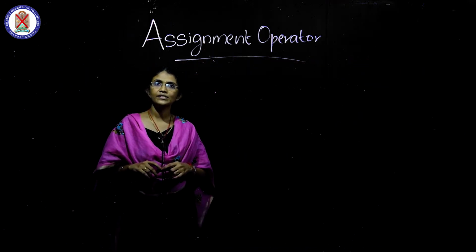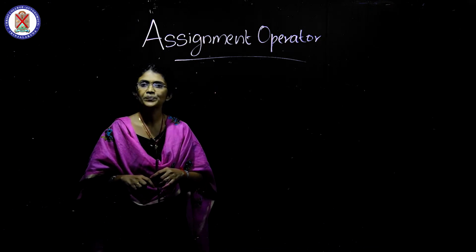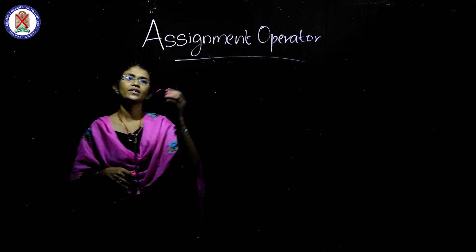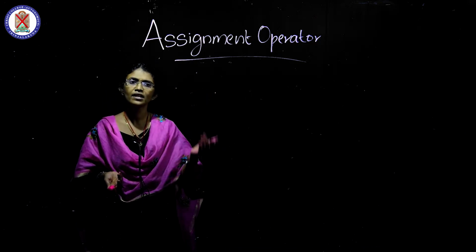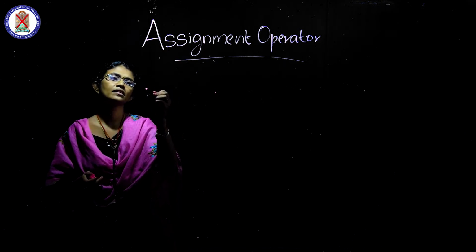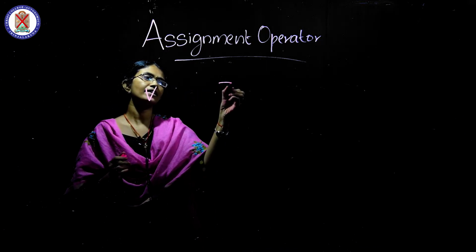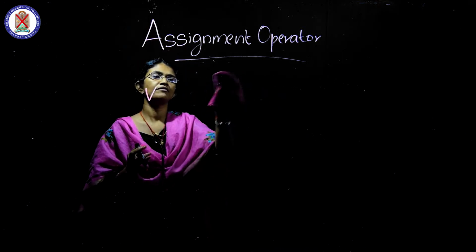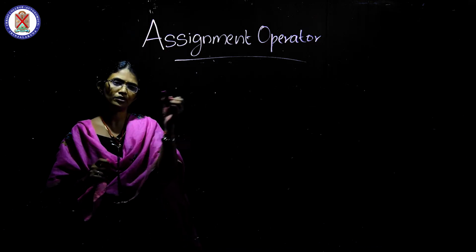Now we have to discuss what an assignment operator is. The assignment operator is used to assign a value to a variable. C has a set of shorthand assignment operators. We have to be familiar with them. Normally we use equals for assignment purposes. We are all familiar with assignment operations till now.